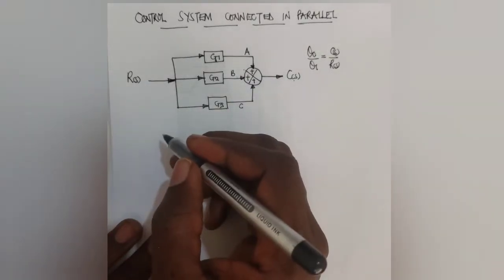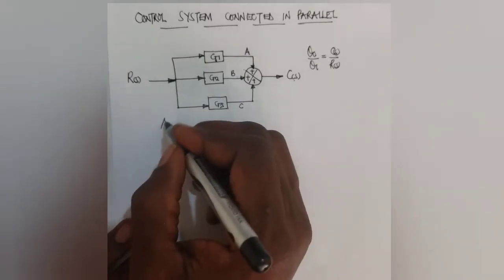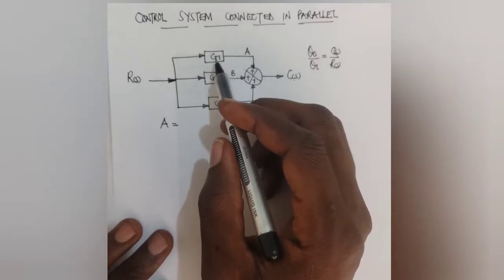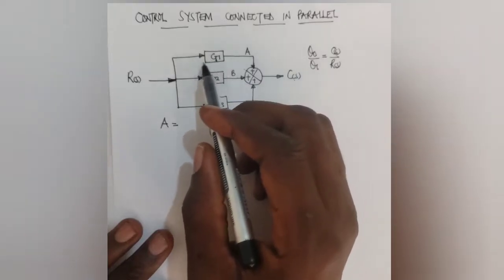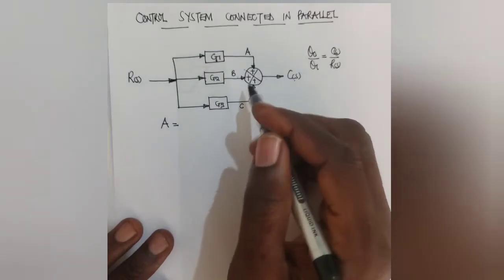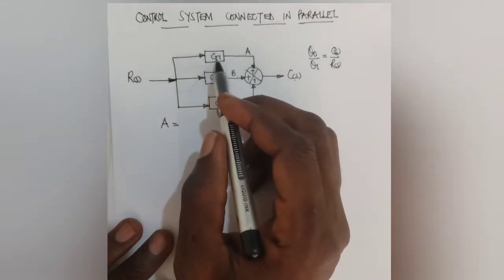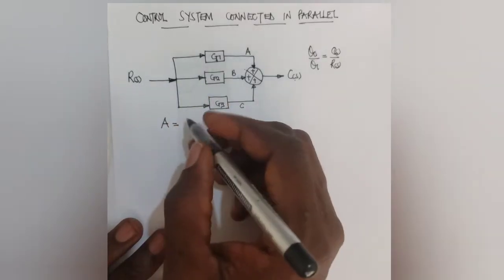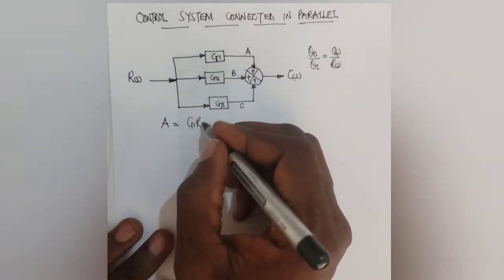So now let me denote what A is going to give us. Since I made us understand in the last class that whenever you have a rectangle, we multiply, and whenever you have a circle, you add or you subtract. So for us to have A, it's going to be G1 multiplying your R(s). So I'm going to have A equals G1 R(s).